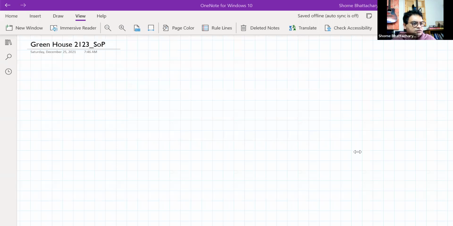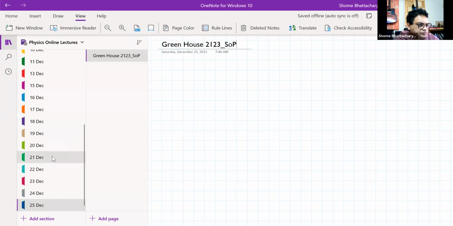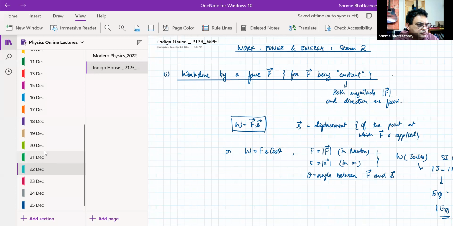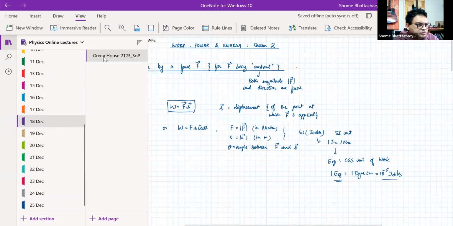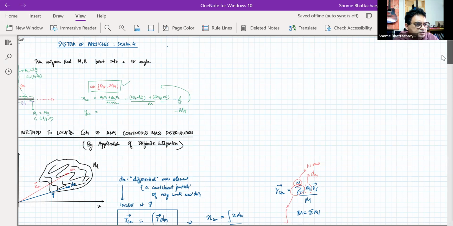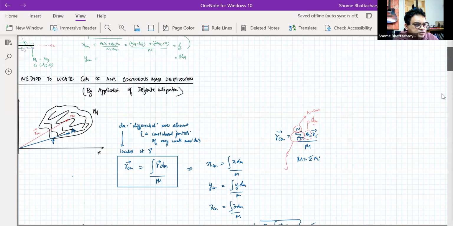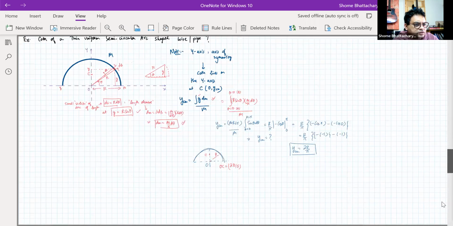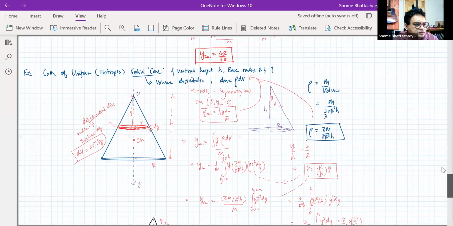Okay, so last lecture we discussed the integration method for the position of center of mass, and we had seen a couple of examples.